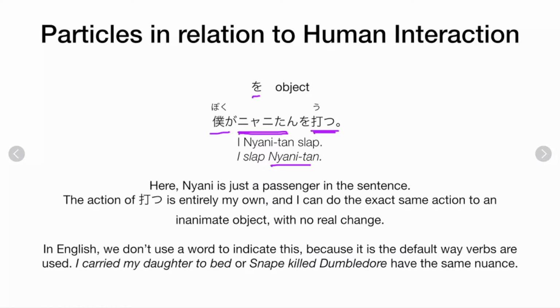Either way, the daughter, the water bottle, they don't have any involvement with you doing the action of taking it to the bedroom. Similarly, when you say Snape killed Dumbledore, there's nothing that Dumbledore could have done that caused him to die. Not getting into Harry Potter lore itself. And if it was a different person instead of Dumbledore, the action kind of would have played out the same way.